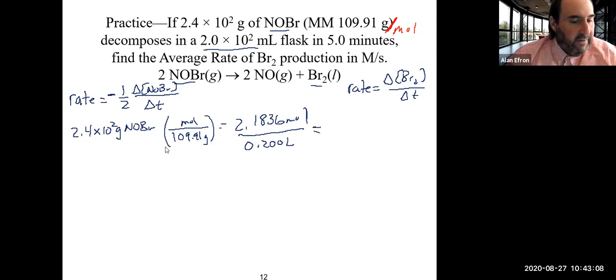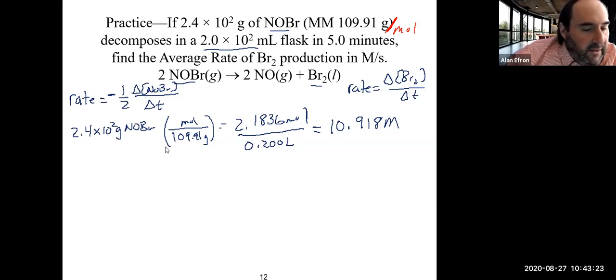As molarity needs to be moles per liter. And if we do that, 0.2 gives us something like 10.918. Any questions on that? Hopefully you do know how to calculate the molarity.